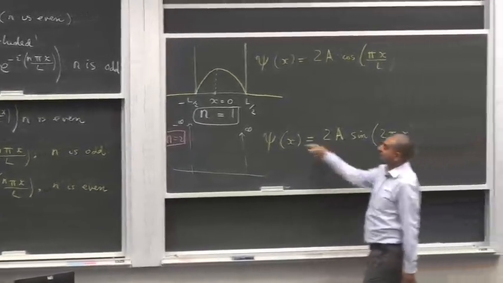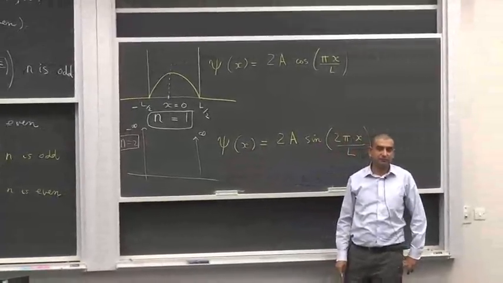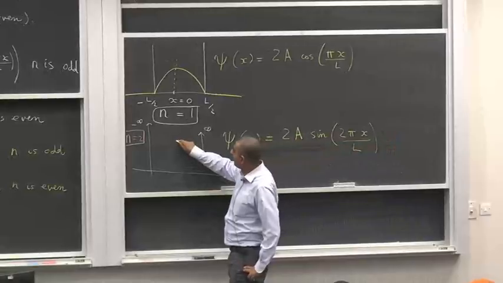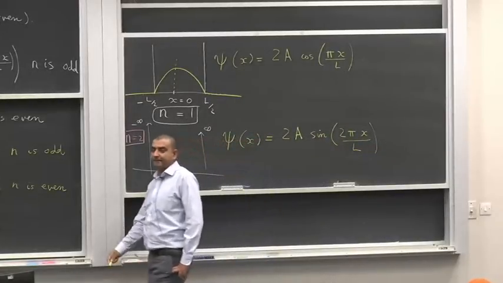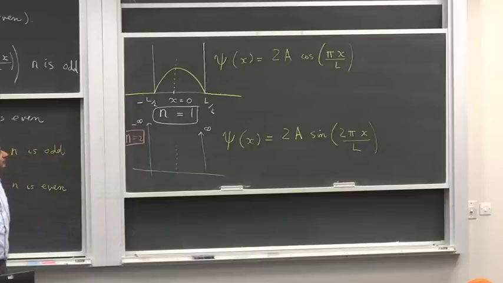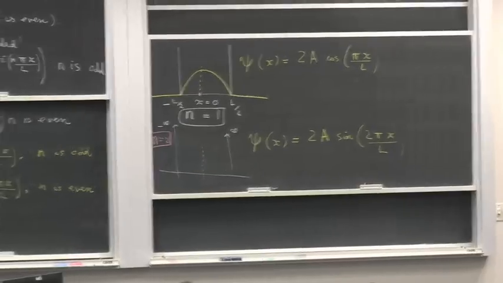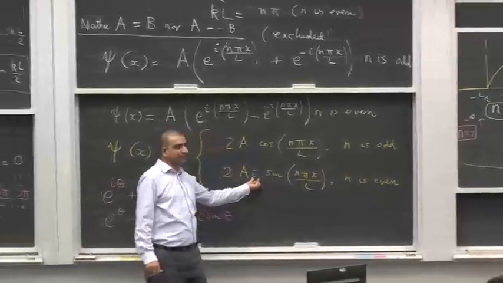Now could you please plot this function onto this graph? Could you please attempt doing this question? Forget about this iota, or just plot the real part of this, in other words. You don't have to worry about this iota here.